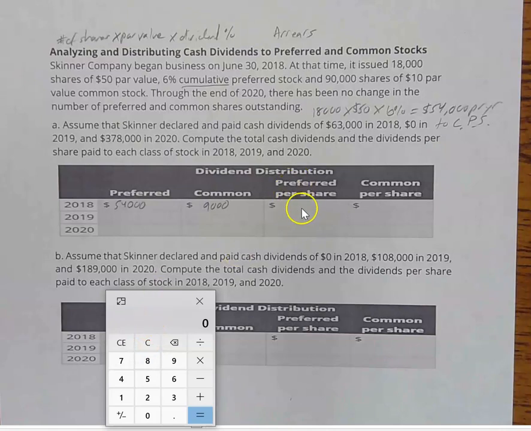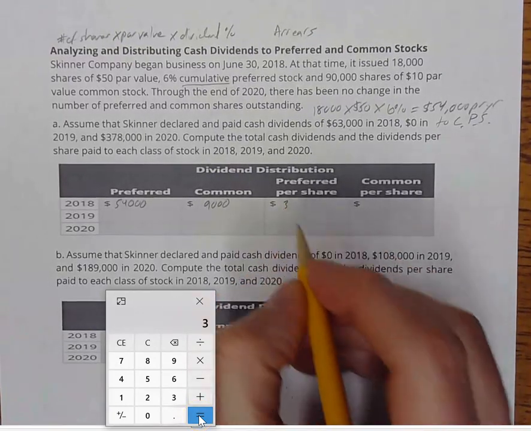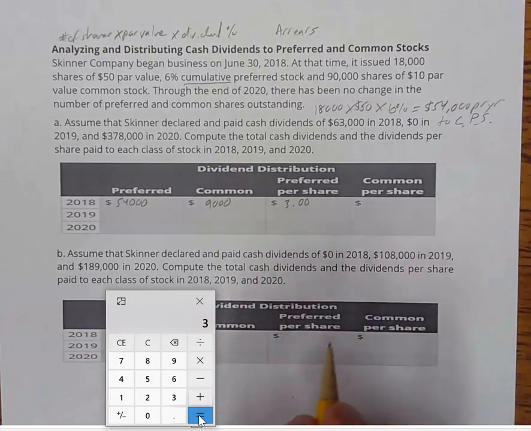So how do we get preferred per share? Well, $54,000 divided by the number of shares, which is provided as 18,000, gives us a cumulative preferred amount per share of $3. And I'm going to go ahead and put the $3 there.